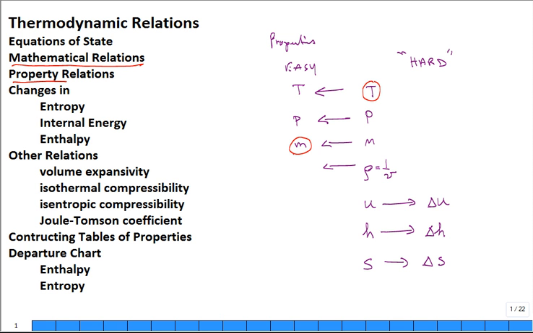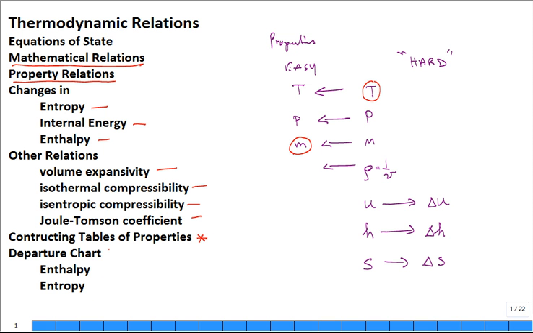Then we get some property relations, how to get changes in entropy, internal energy, enthalpy. And then we talk about other properties, volume expansivity, isothermal compressibility, isentropic compressibility, the Joule-Thomson coefficient, and then how do we construct those tables and put them in appendices so you can use them, or put them in a computer program so you can use them.